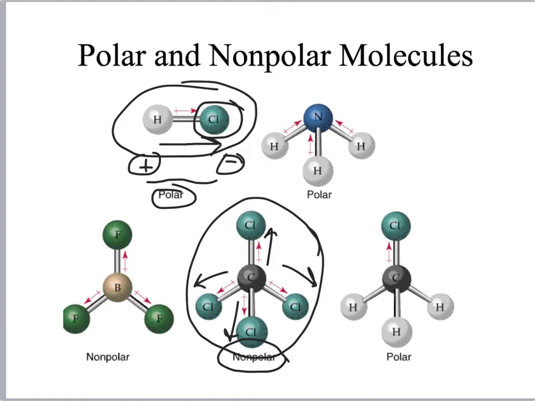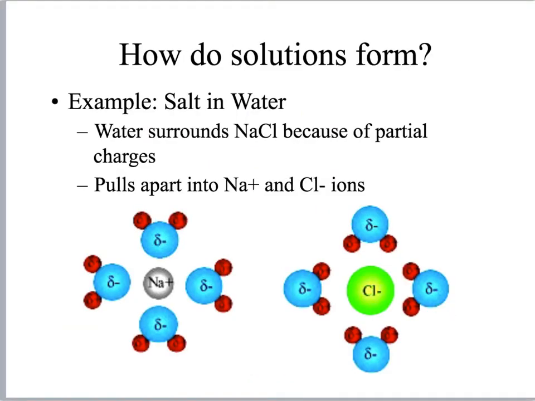Now, when something dissolves in water, we form a solution. Let's look at sodium chloride, which is table salt. Say you sprinkle that in the water and swirl it around. What's happening on a microscopic level? The sodium and chlorine ions break apart, and the water molecules surround each one.